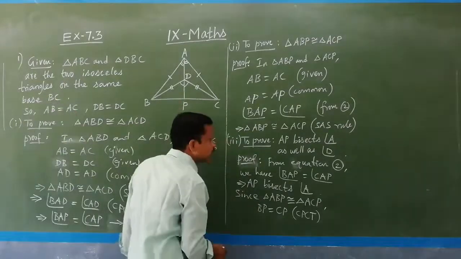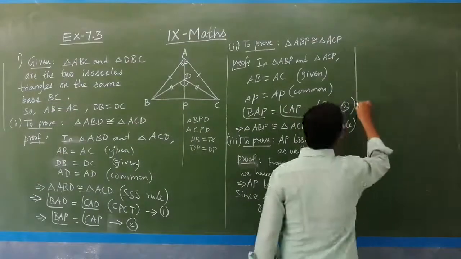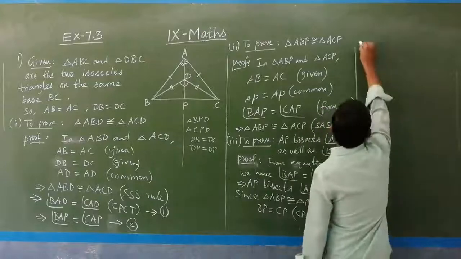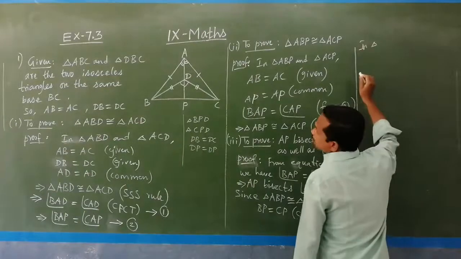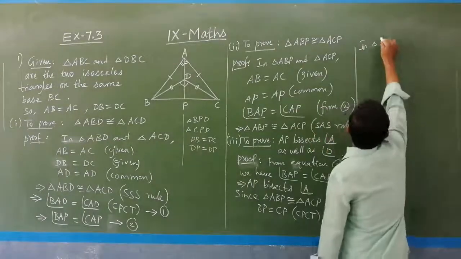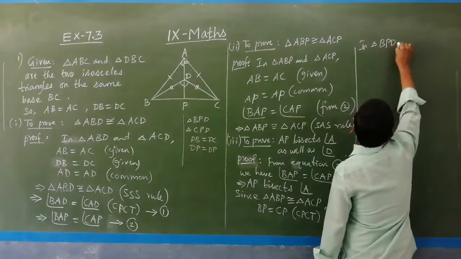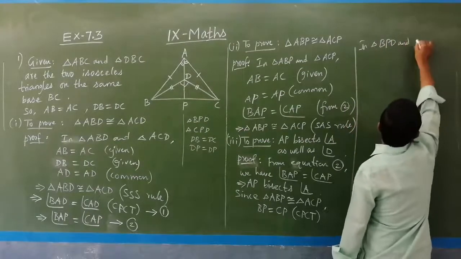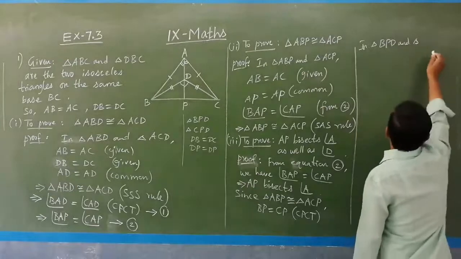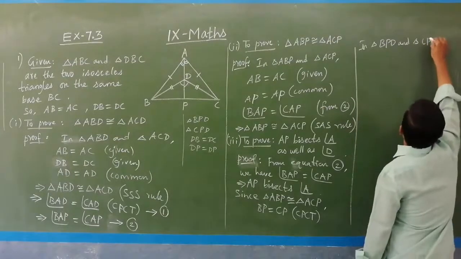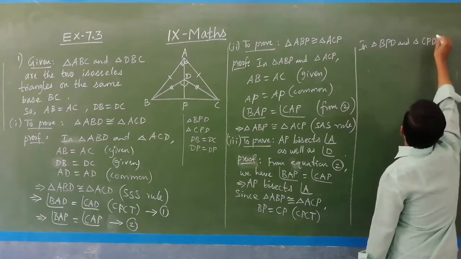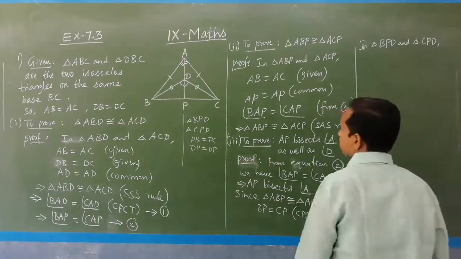First you consider triangle BPD and triangle CPD. So, what things can we have?